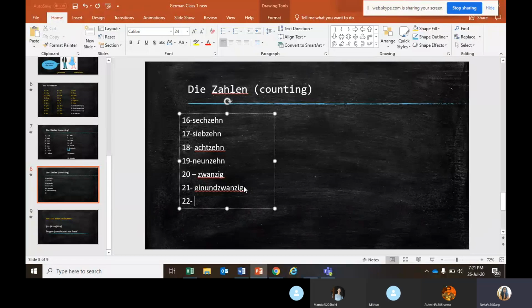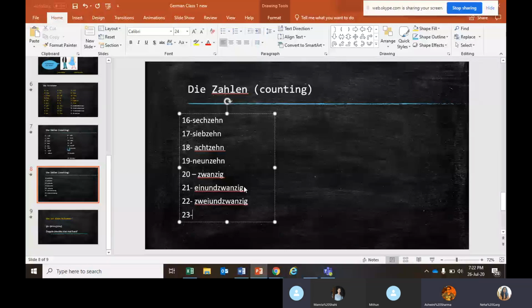Similarly, what would be 22? Zwei und zwanzig. 23 would be drei und zwanzig. 24 would be vier und zwanzig.